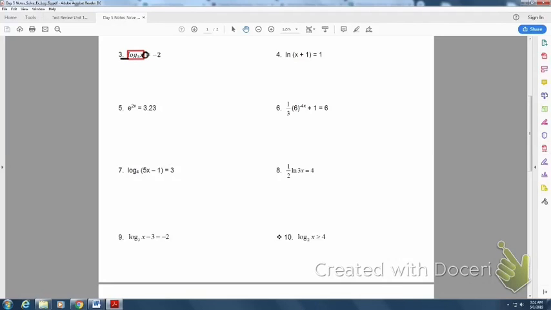There's nothing after it that I would need to add or subtract to the other side. So the very first thing I would do on this one is I would just fish hook it. So I've got 3 to the power of negative 2 equals x. And so x equals 1/9.